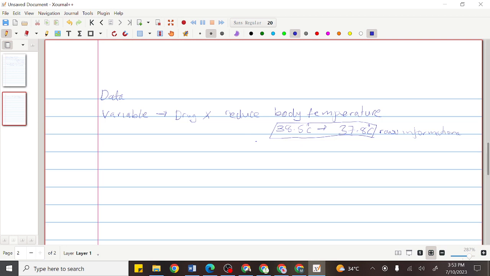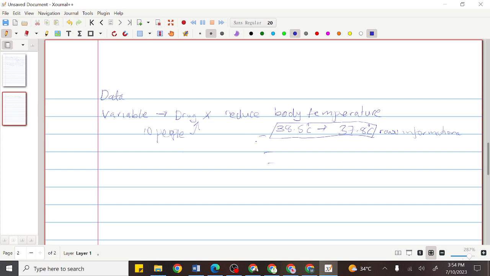So assuming the process of you getting this raw information is you have got 10 people that have taken drug X, and then you have now collected their temperatures from each of them. So you will have data for 10 people.